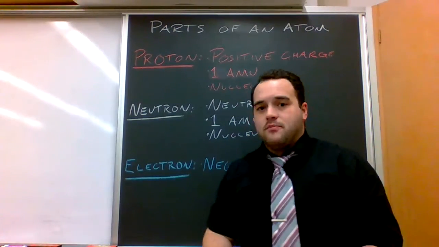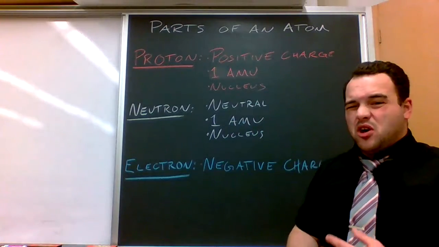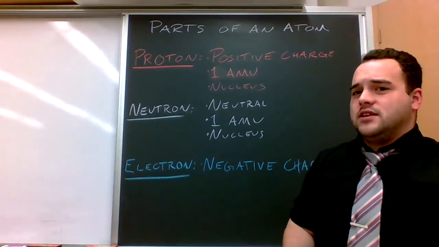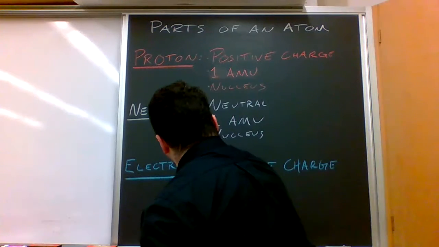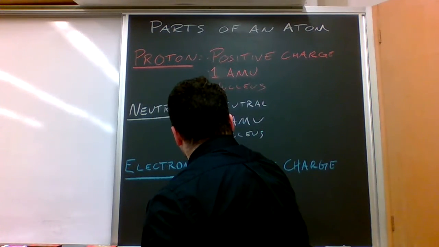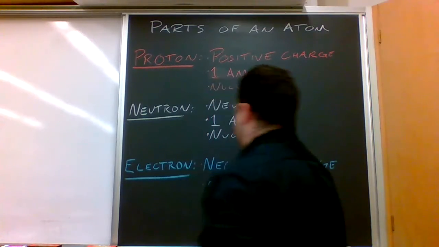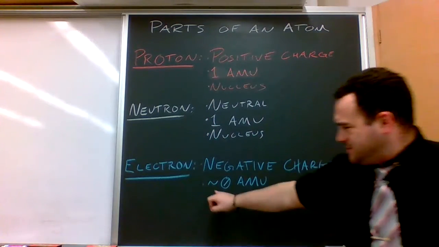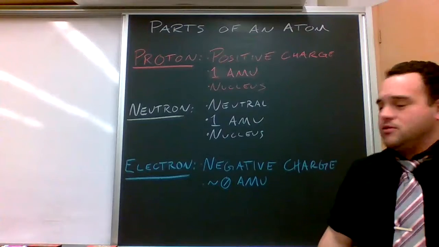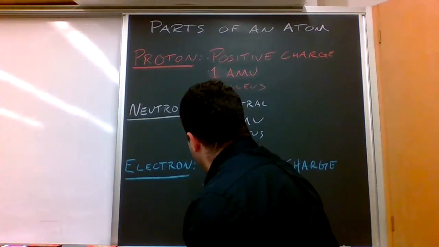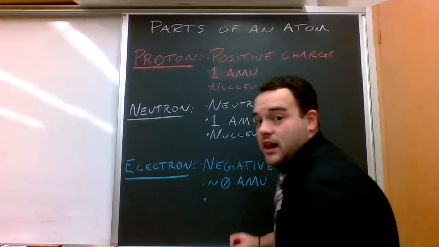And while they have mass, their mass is so small, we pretty much ignore it at this level in chemistry. So their mass is almost 0 atomic mass units. This little tilde, that symbol, means almost. And they are found in the electron cloud.